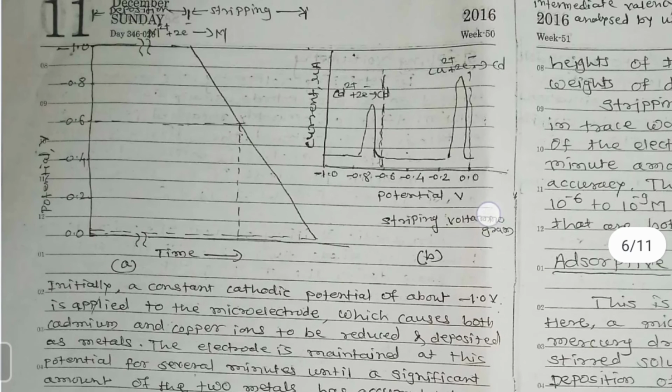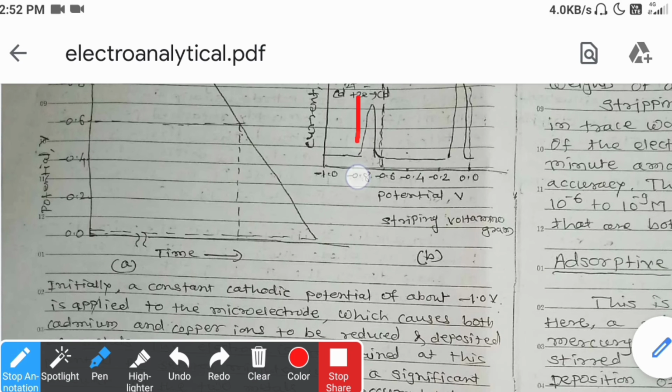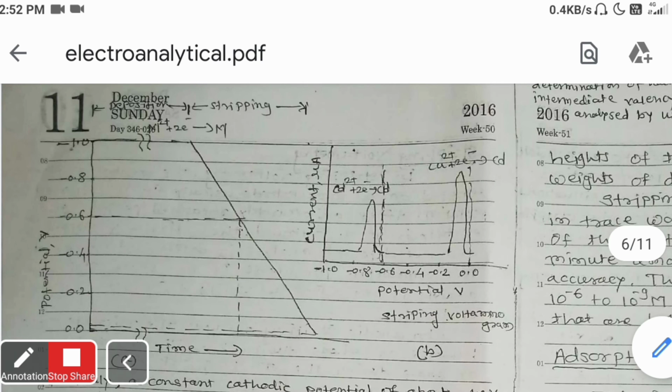When a potential of about 0.7 volt is achieved, the first ion that gets stripped off is the cadmium. So cadmium will be given out. In the next step, the copper gets stripped off.